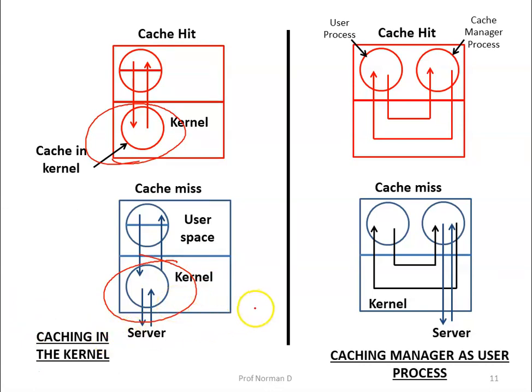And the third place for the cache is in a separate user-level cache manager, as you can see in this figure. The advantage of a user-level cache manager is that it keeps the microkernel free of file system code. It is also easier to program because it is completely isolated, and it is much more flexible.